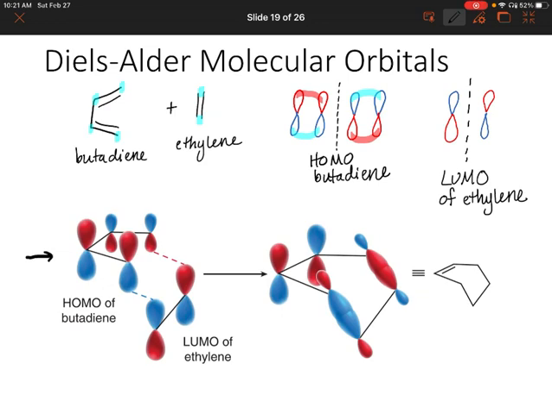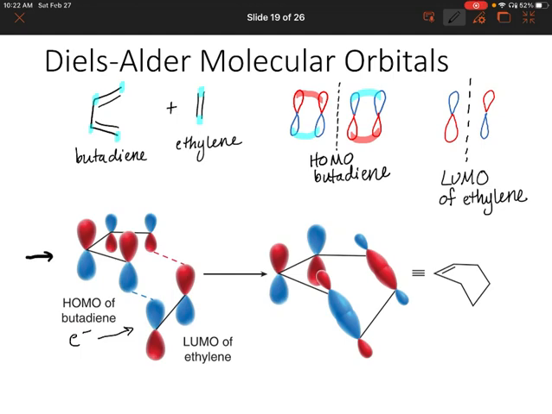So what's going to happen here is electrons from the highest occupied molecular orbital of butadiene are going to get transferred into the lowest unoccupied molecular orbital of ethylene. Again, the LUMO of ethylene doesn't have any electrons, so it can accept them from the HOMO of another molecule.